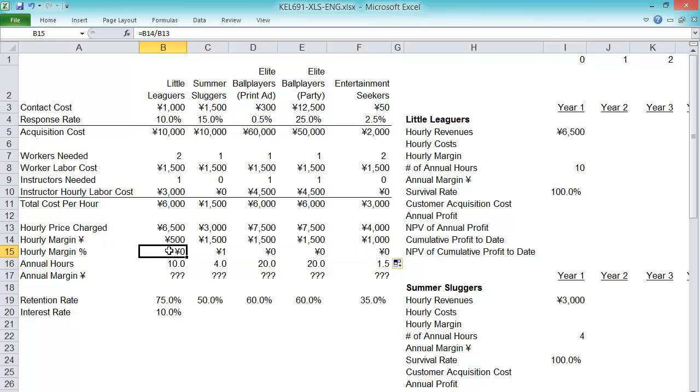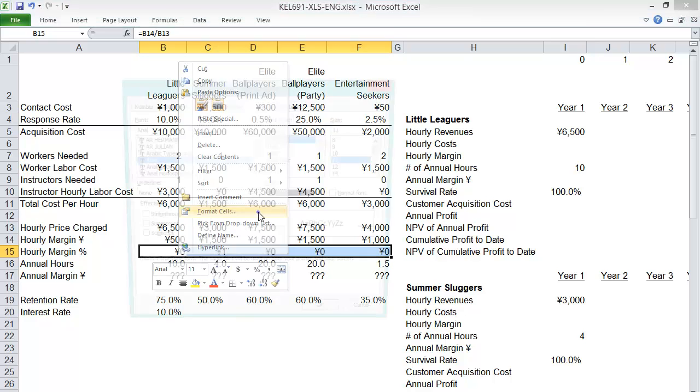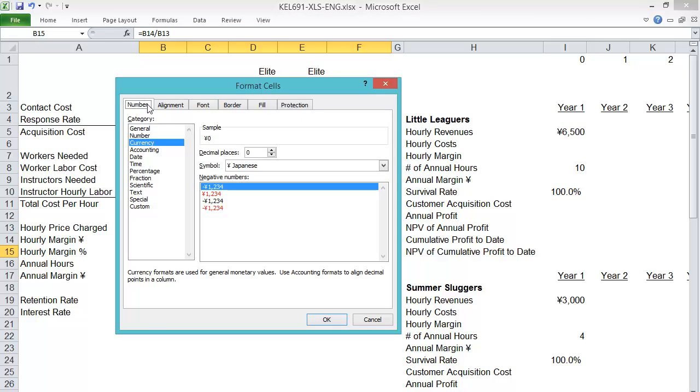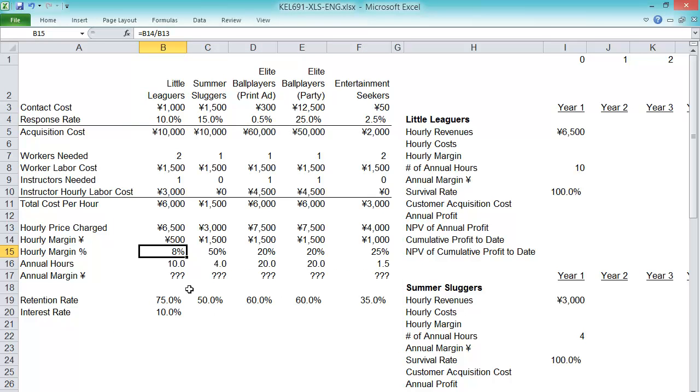So after we've copied the formula, we're going to right click and format cells. Then we're going to select number and say that it's a percentage instead, because it's an hourly margin percentage.